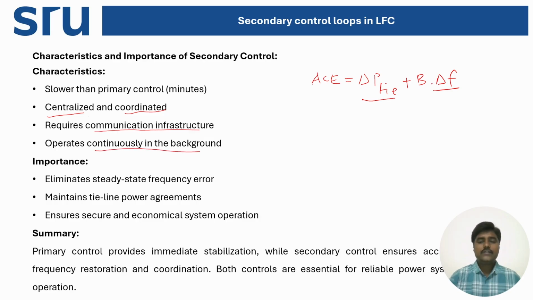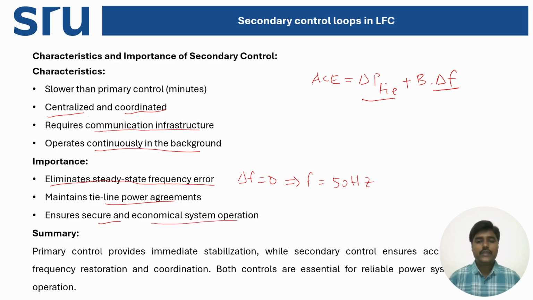The advantage of the secondary control is it eliminates steady state frequency error to 0. That means it will try to bring delta F equal to 0, which will result in actual frequency equal to 50 Hz. And it will maintain the tie-line power agreements. It will ensure secure and economic system operation.